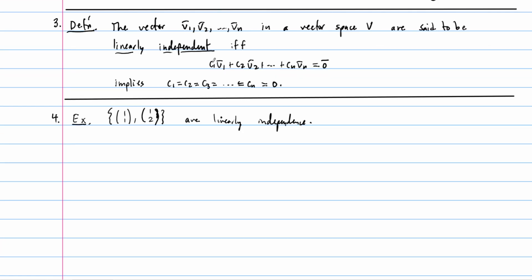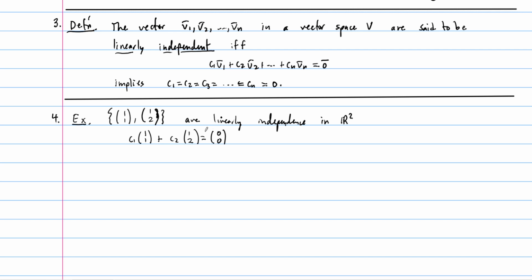So how are we going to check it? Well, the criteria here says that we have a linear combination, C1 times the first vector plus C2 times the second vector, and it's supposed to add up to the 0 vector. And by the way, these are in R2, so we know that the 0 vector is just the vector with 2 entries that are both equal to 0.